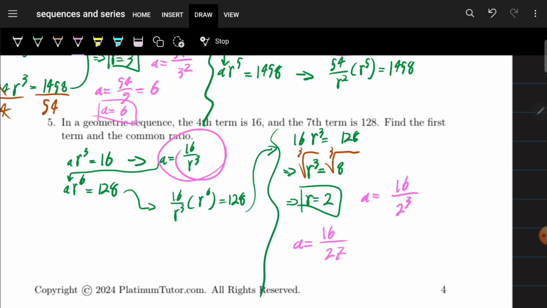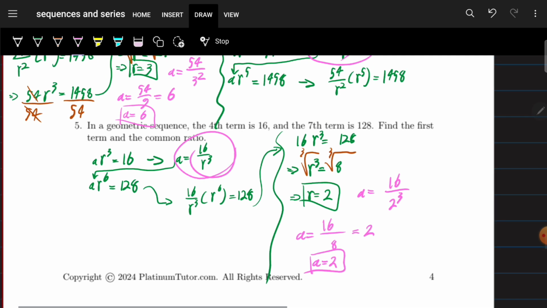Oh, sorry, that's 2 to the 3. That's 8. I did 3 to the 3 by accident. So 16 over 8 is going to be 2. So our a is 2. Okay, common ratio is 2. First term a is also 2.